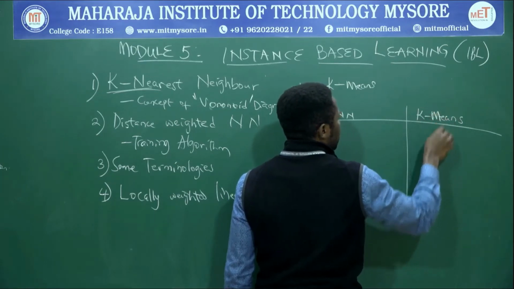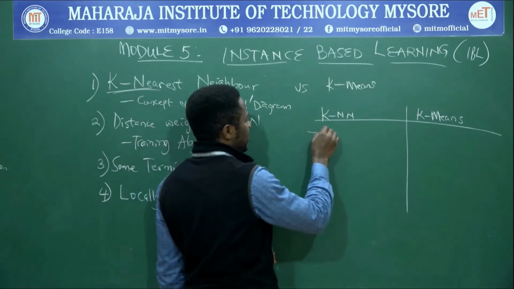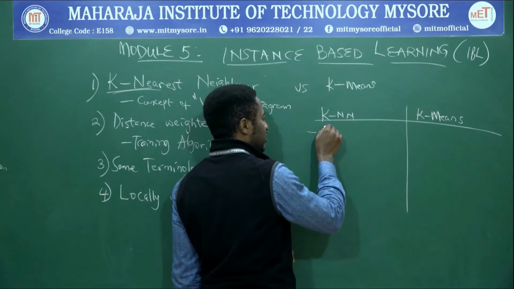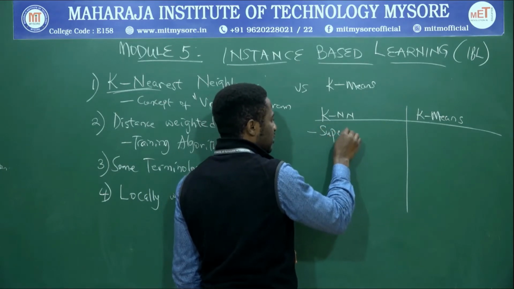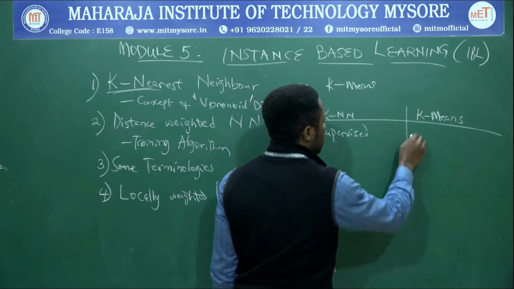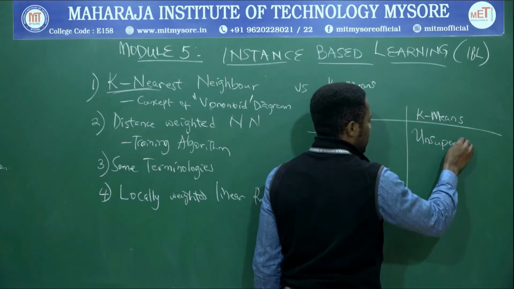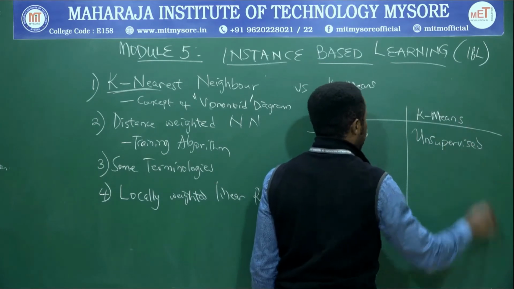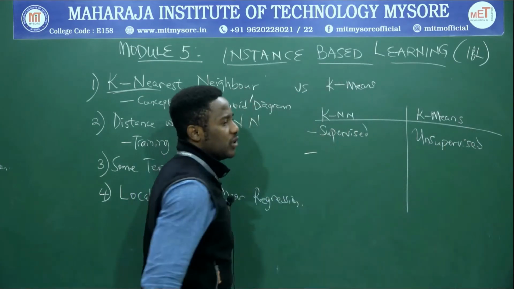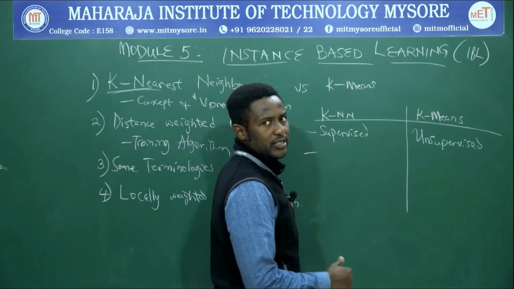So KNN is actually a supervised learning algorithm, whereas K-means is unsupervised. Now, there is also something that is very different here. K stands for what here?